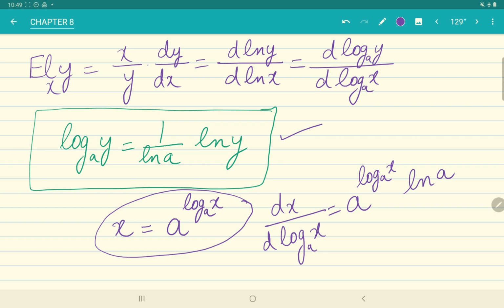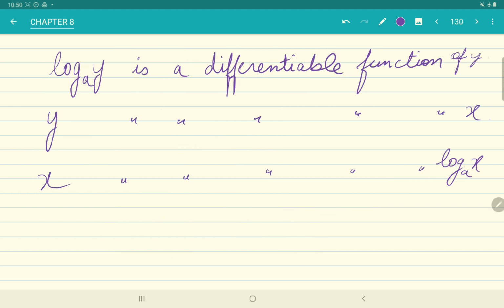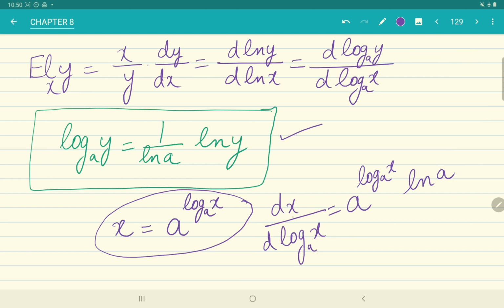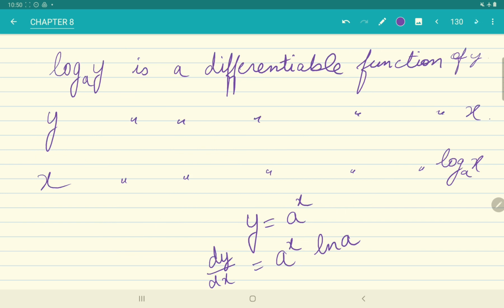And in this case, if you can recall, what we are doing here is we are actually making use of the fact that if you have y is equal to a raised to the power x, dy by dx is equal to a raised to the power x, and it is this. And that's exactly what we are doing here. Y here, that x is log x to the base a. So if I want dx by d log x to the base a, it is a log x to the base a multiplied by ln a.